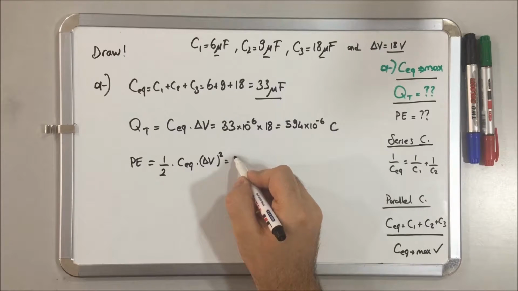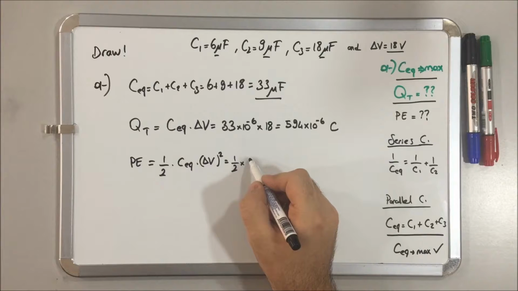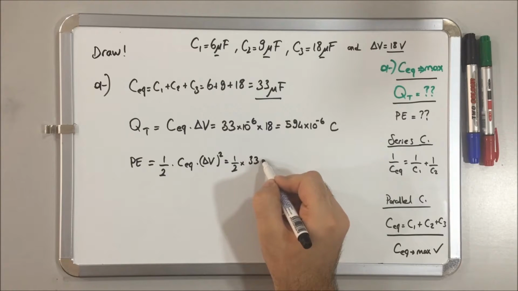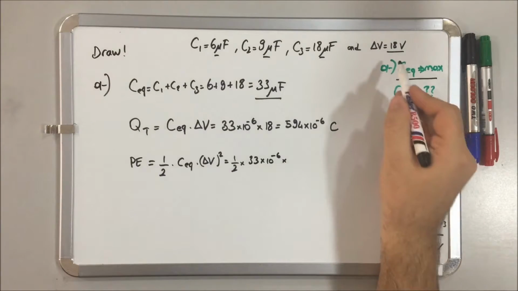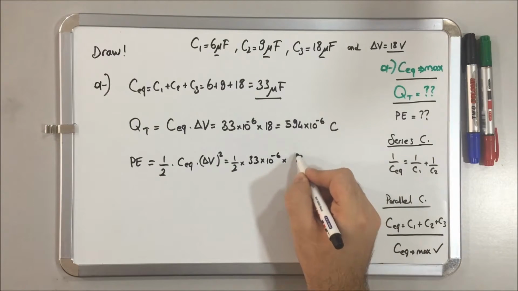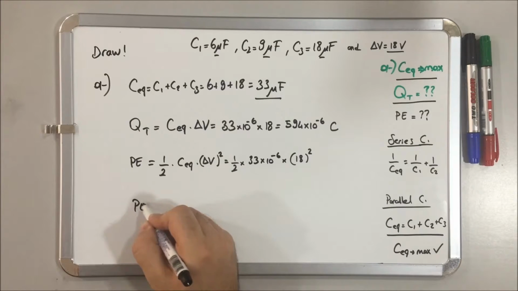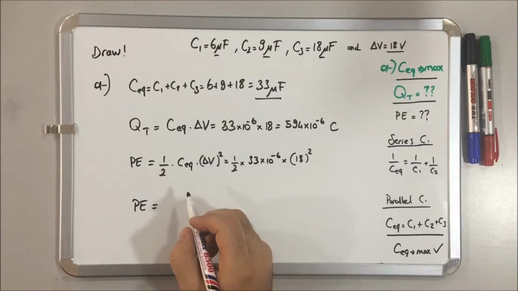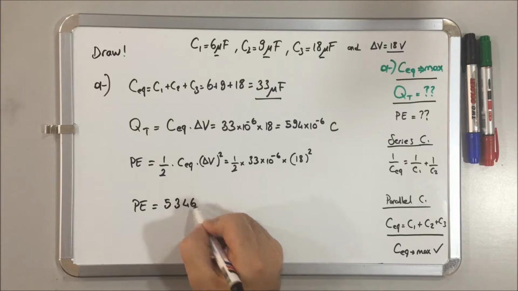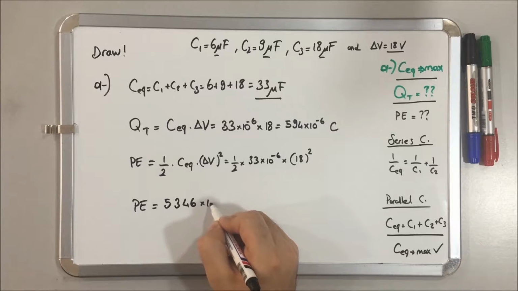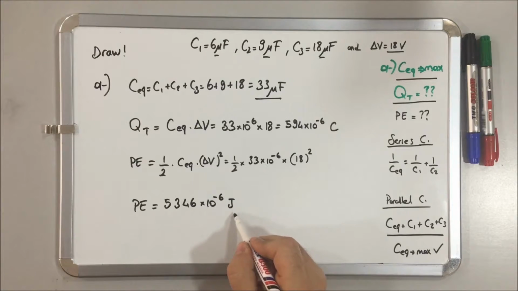So it will be half times C equivalent, 33 times 10 to the power of minus 6, times delta V, which is 18, squared. So the stored energy is going to be 5346 times 10 to the power of minus 6, of course in joule.